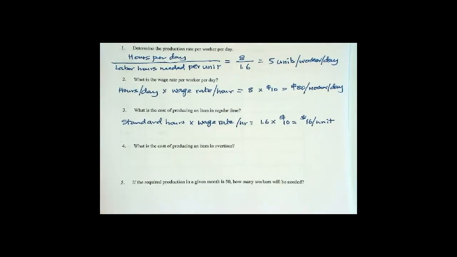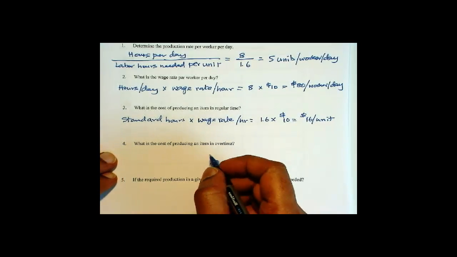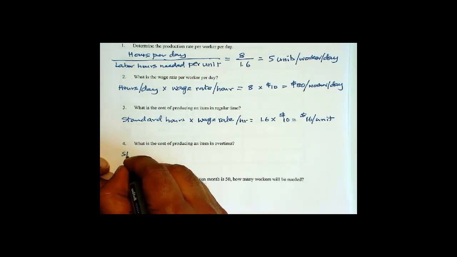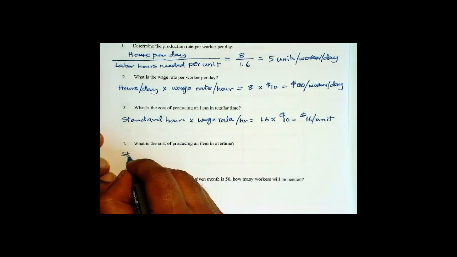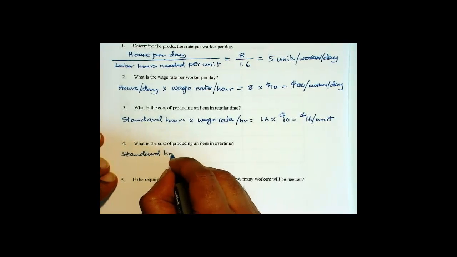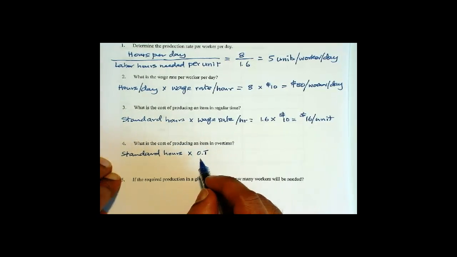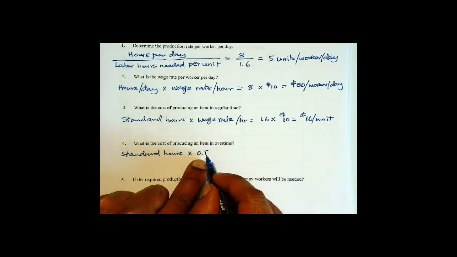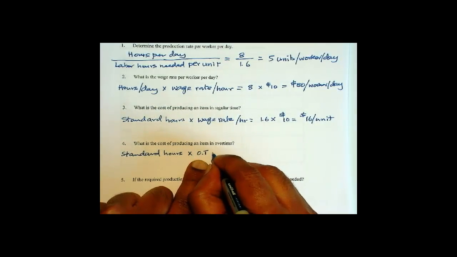Next is, what is the cost of producing an item in overtime? That will be the same as here, except that the wage rate is going to be the overtime wage rate. So standard hours times overtime wage rate per hour. I'm going to use O.T to mean overtime.